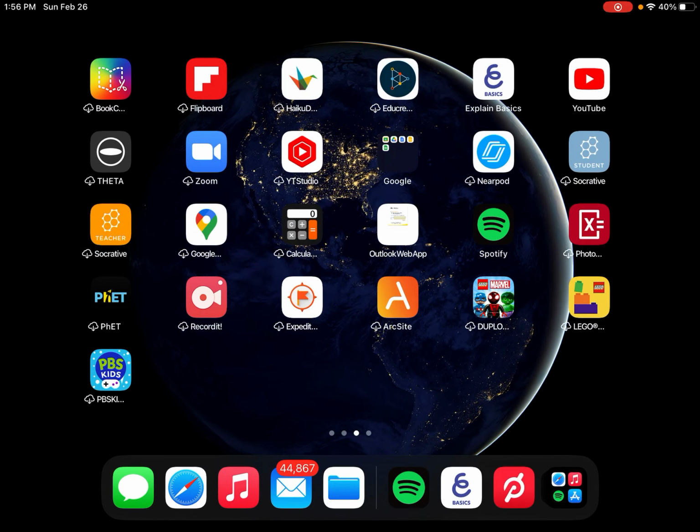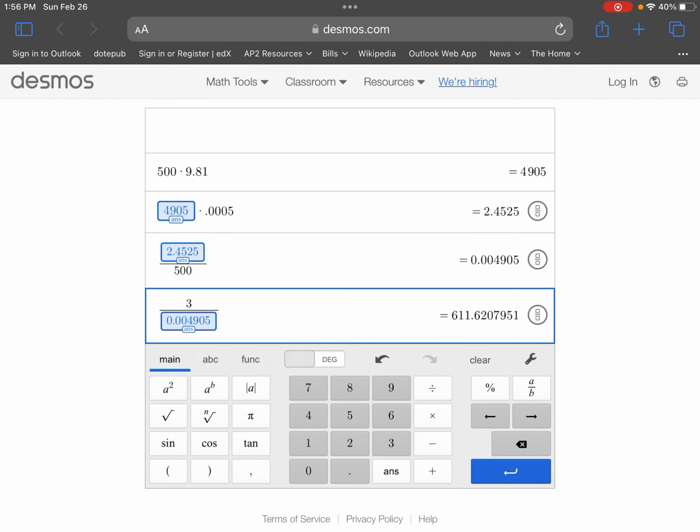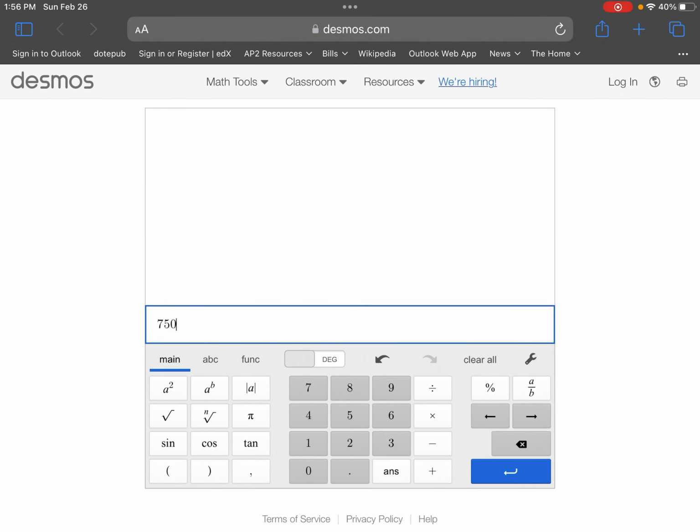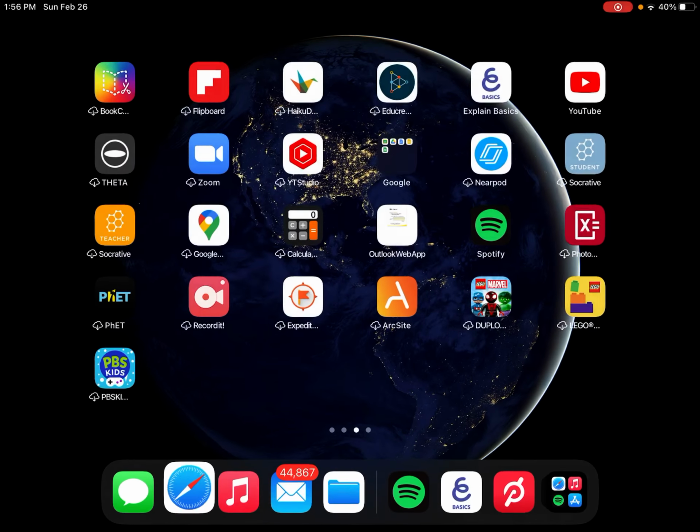Oh, I just went back to where I was. So, hold on, what was it? 750? Okay. This is a new problem. I'm going to clear all. 750 divided by tangent of 35 degrees. And I get 1071.111005.